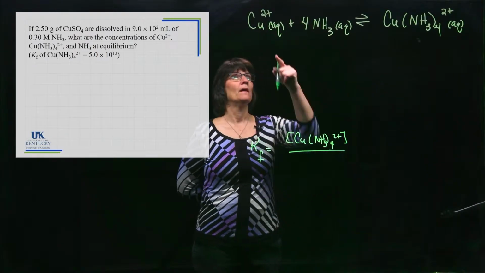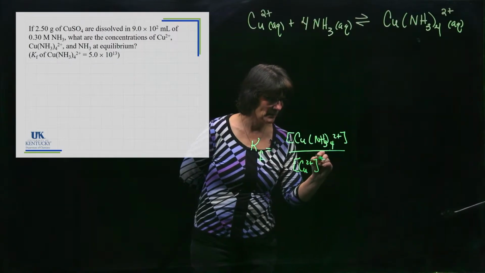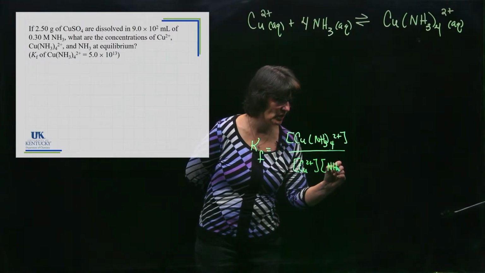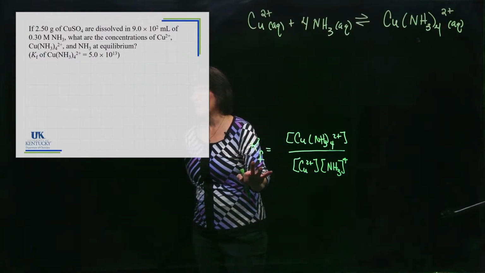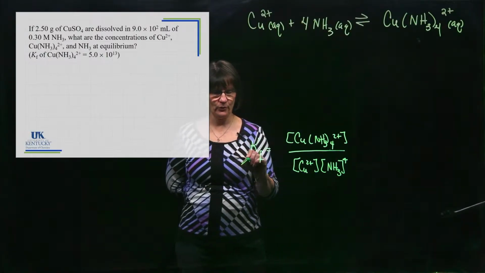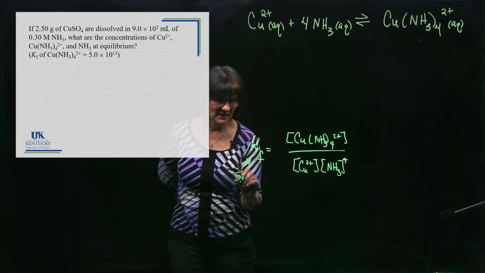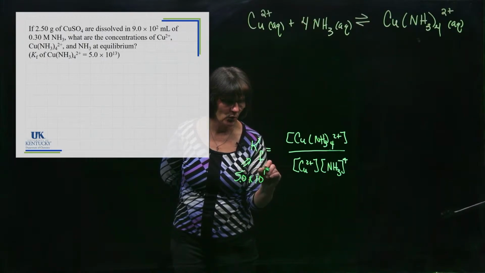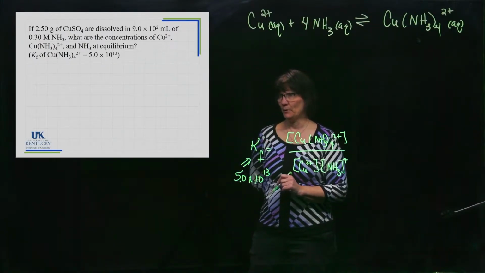Divided by the copper concentration times the ammonia concentration raised to the 4th power. And the KF I gave you is equal to 5.0 times 10 to the 13. I told you they were quite large. That indeed is a very, very large number.